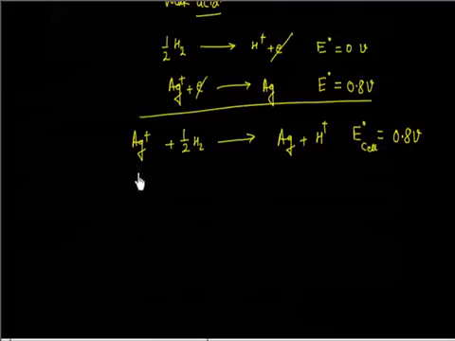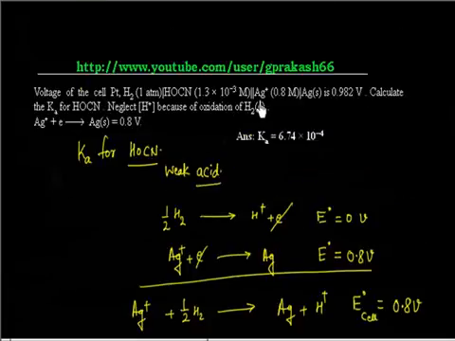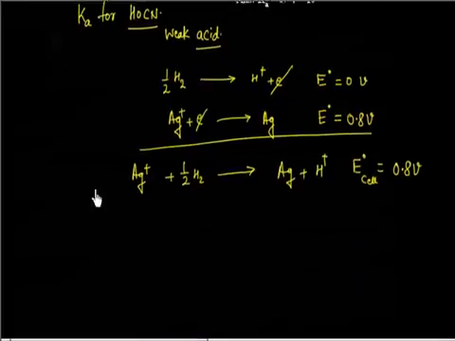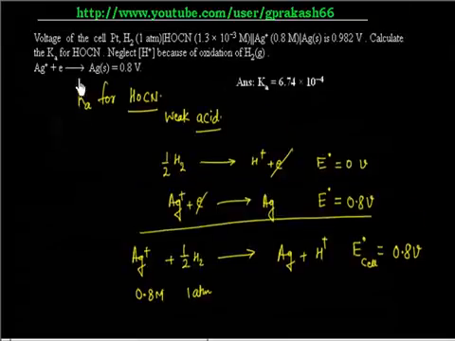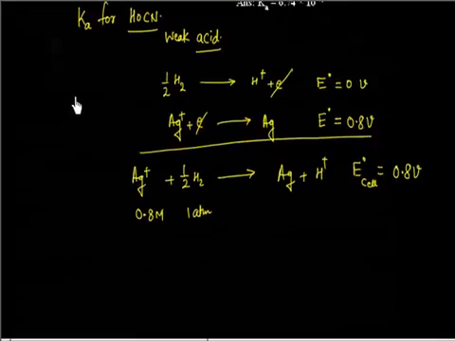Ag is solid, the concentration of Ag plus is given as 0.8 M, and hydrogen is at 1 atmospheric pressure. So we can calculate the concentration of H plus, because E cell is given.